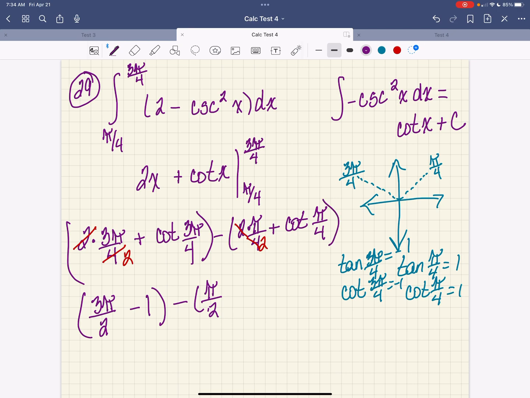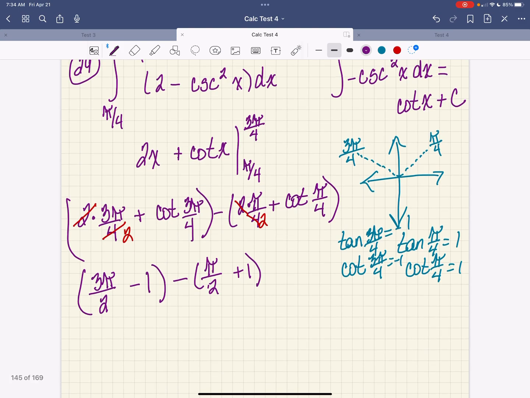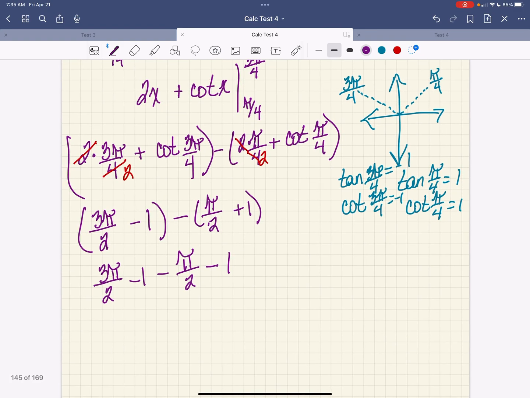And then the cotangent of pi over 4 is going to be 1. Okay, so I have 3 pi over 2 minus 1 minus pi over 2 minus 1. Okay, 3 pi over 2 minus pi over 2 is going to leave me just with pi. And then I have minus 2.